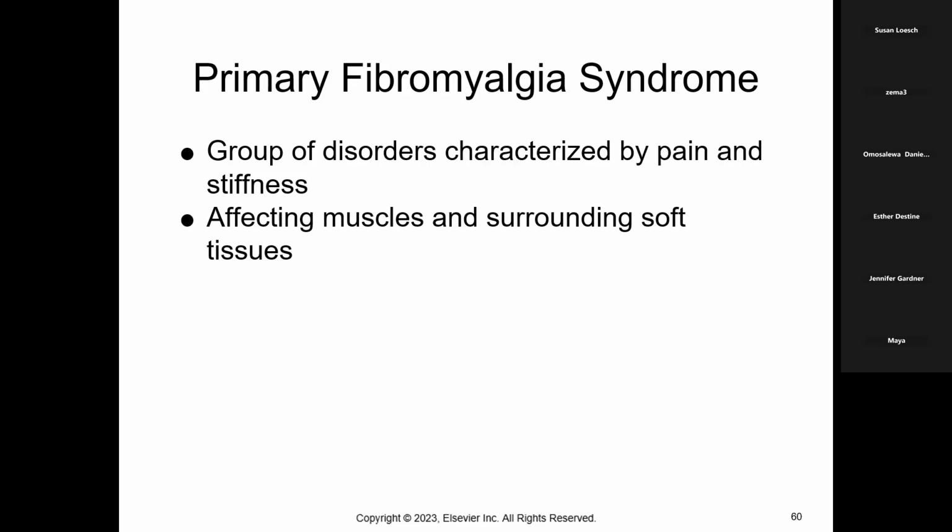They don't know what the cause is. They do believe there's a problem with neurotransmission, and that causes the soft tissue sensitivity to substance P, and that might be leading to some of the pain. We usually see this in women between 20 and 50.